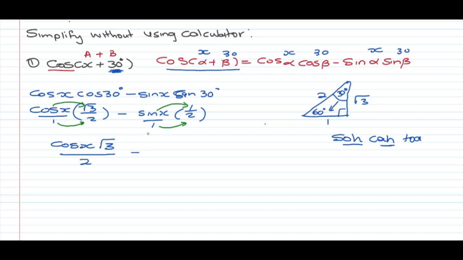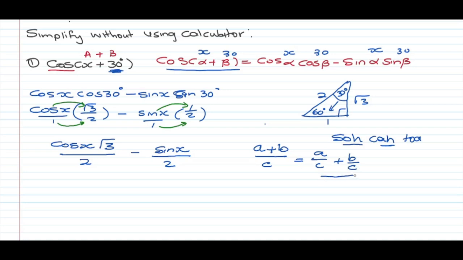Then minus the top part that gives us the sine x times 1, which is just sine x, and this is also divided by 2. Right, can we simplify this further? Yes. Remember that if I have a plus b and everything is divided by c, I can write this as a over c plus b over c.